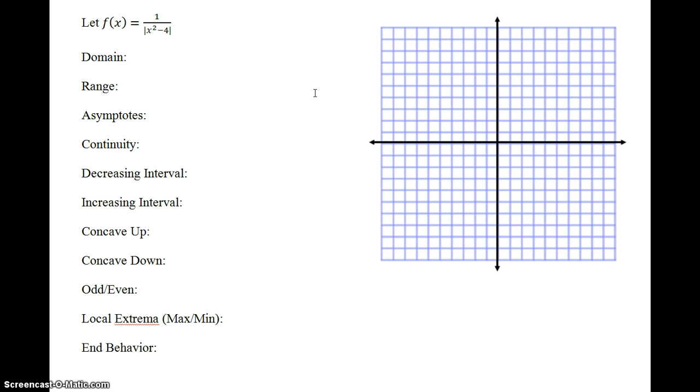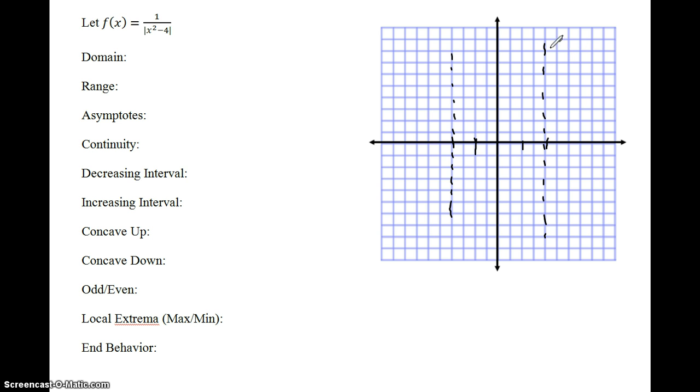So we're going to start with our previous graph, which looked like that, and now we're going to do the reciprocal of it, which means we're going to have vertical asymptotes here and here, at -2 and +2.